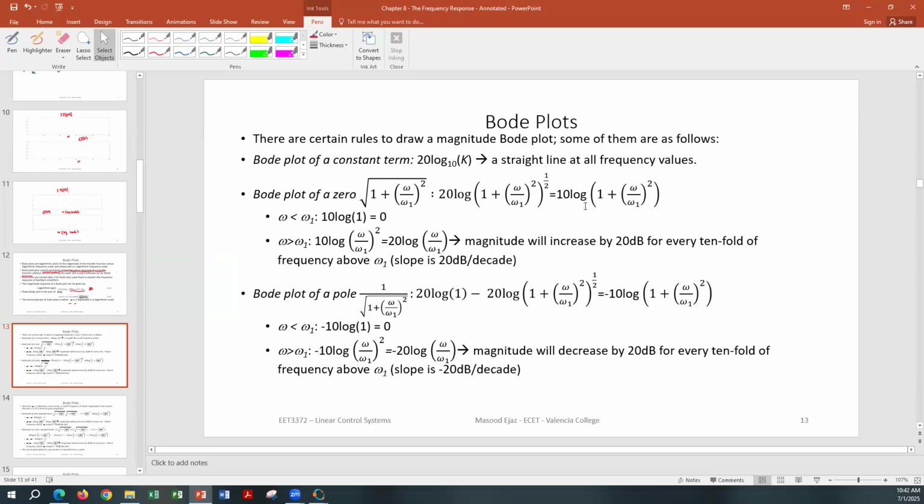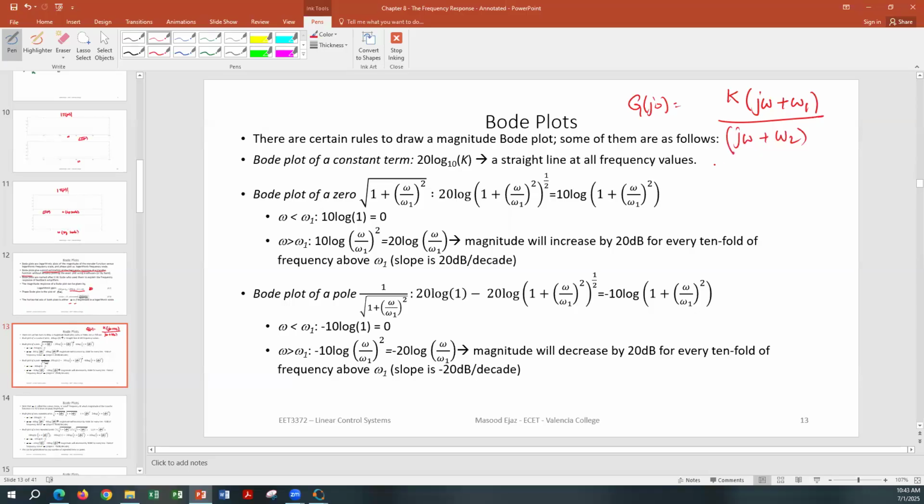So if you have a function, let's say g of j omega is given by k times (j omega plus omega 1) over (j omega plus omega 2).